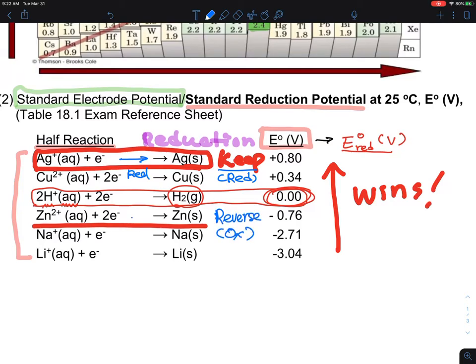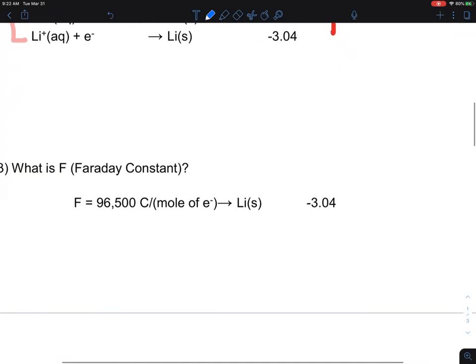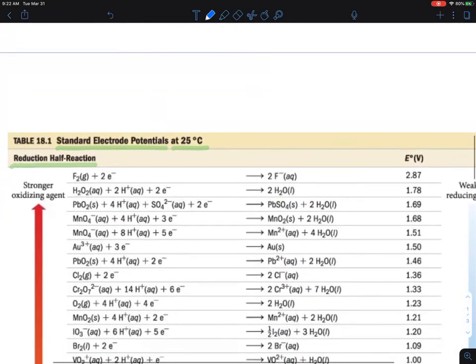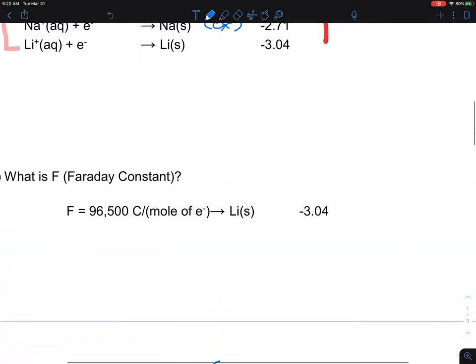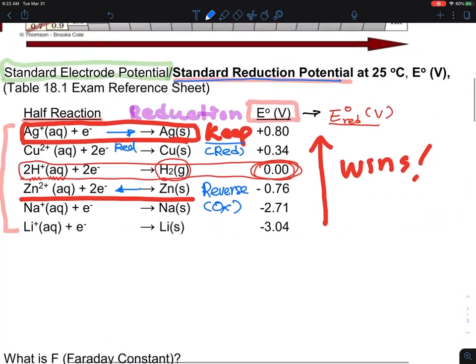This is a concept that will show up in many of the problems. We're going to certainly talk about that here. So once again, the list of the standard reduction potentials, you can easily find from this reference sheet here, which is going to be used many times through my problem solving.